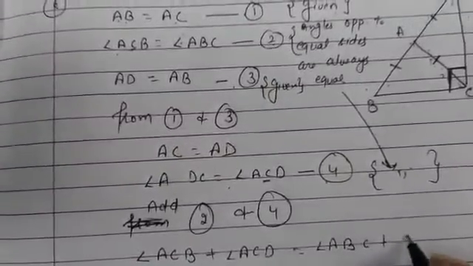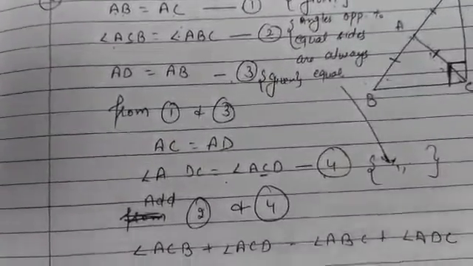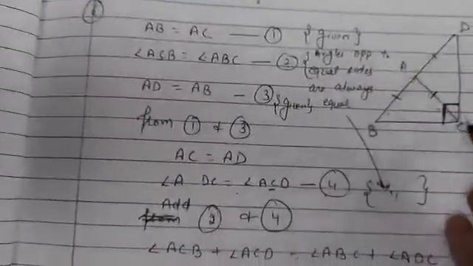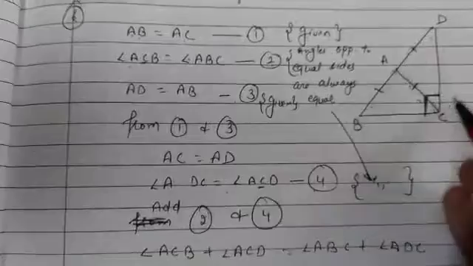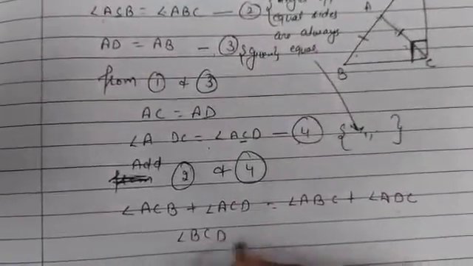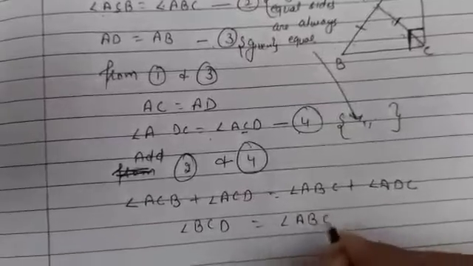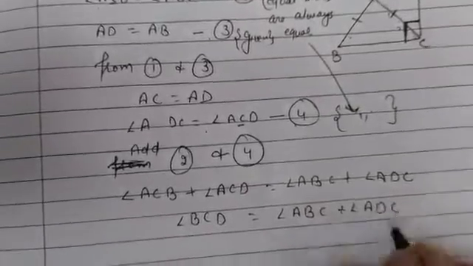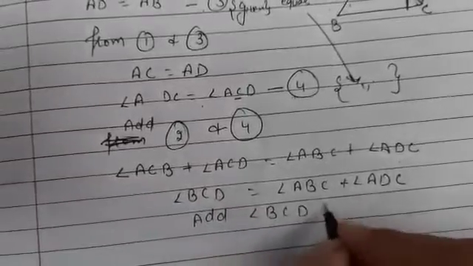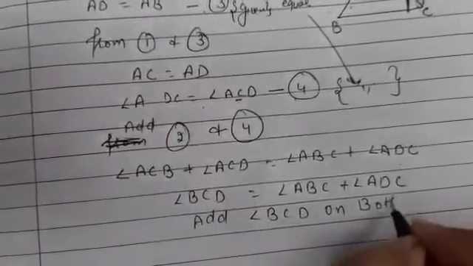ACB and ACD we can write as BCD. So right here BCD, that same ABC plus ADC. Clear?